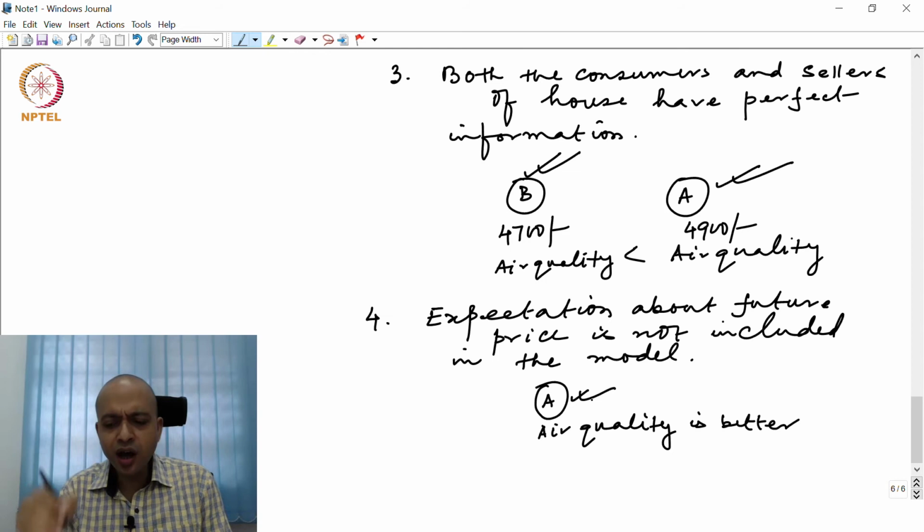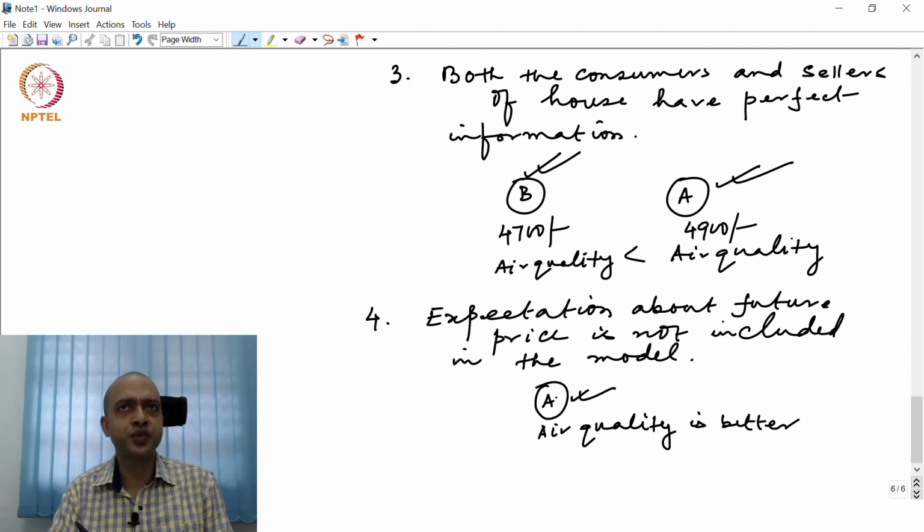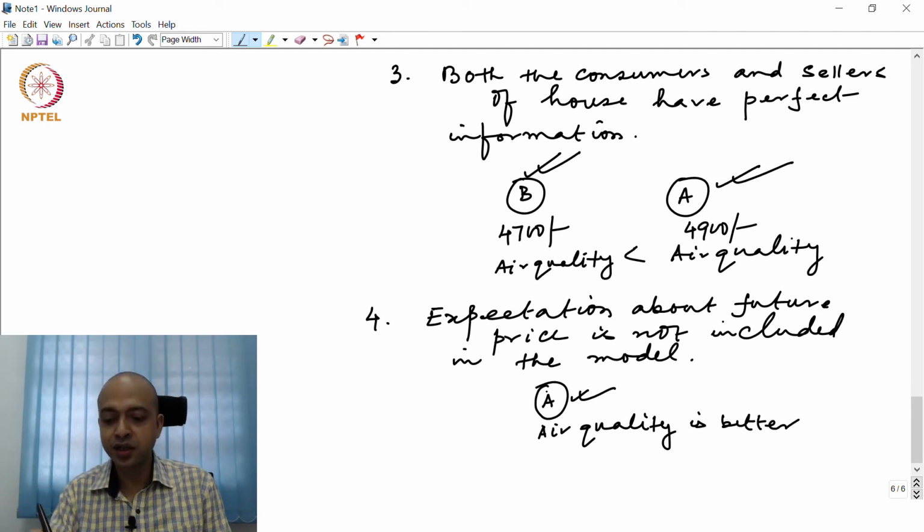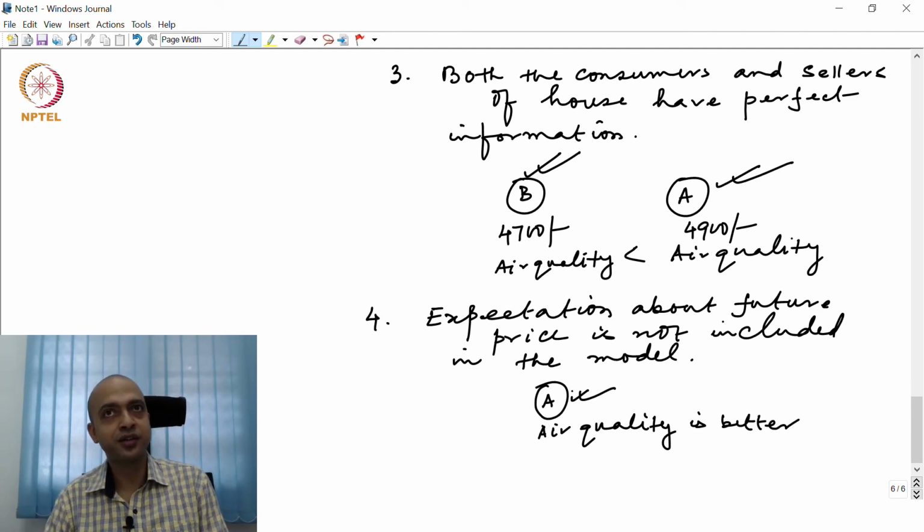So I am buying the house in locality A not only because its environmental quality is better, but also expecting a huge price gain, a capital gain, if I invest in locality A, because there is an IT hub coming 10 or 15 years down the line.